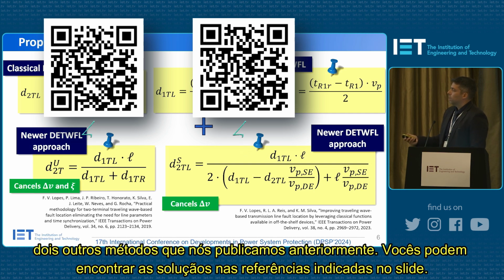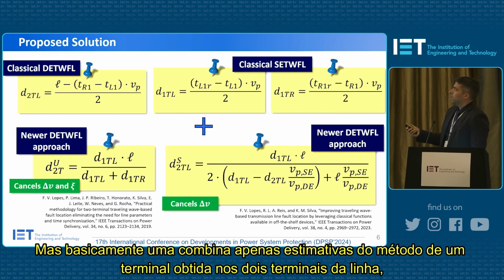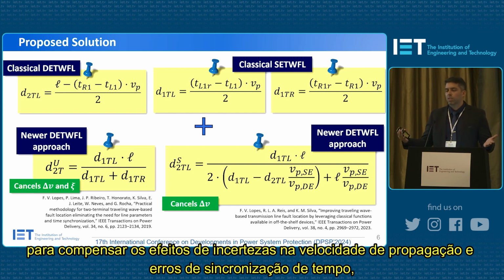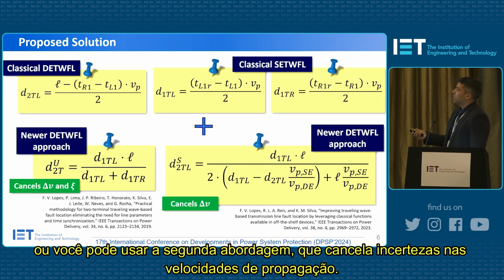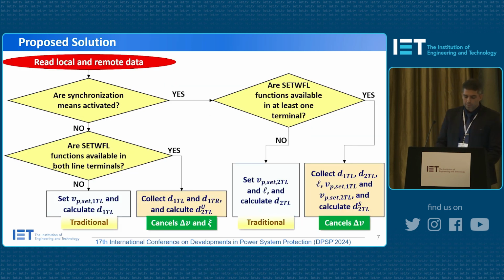Basically, one combines only the single-ended travelling wave fault location taken from both line terminals in order to compensate the effects of uncertainties in the propagation velocity and time synchronization errors. Or you can use the second approach here, which cancels the effects of uncertainties in the propagation velocity.